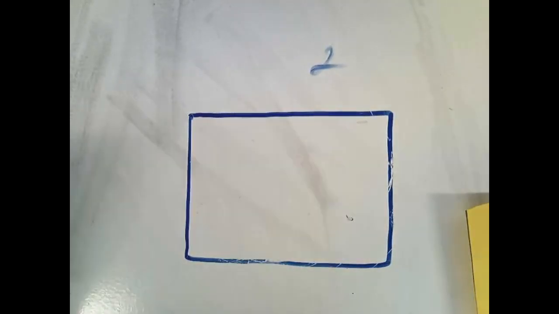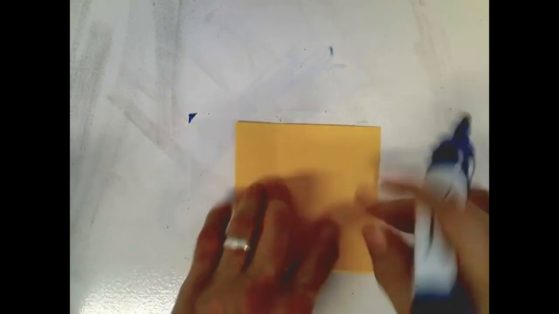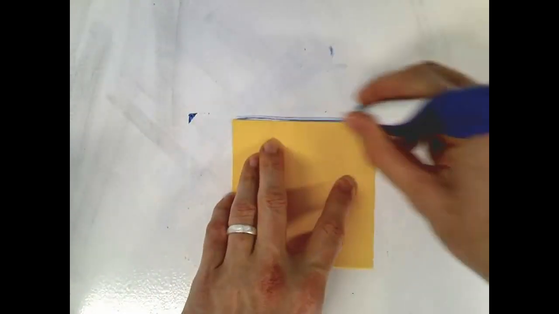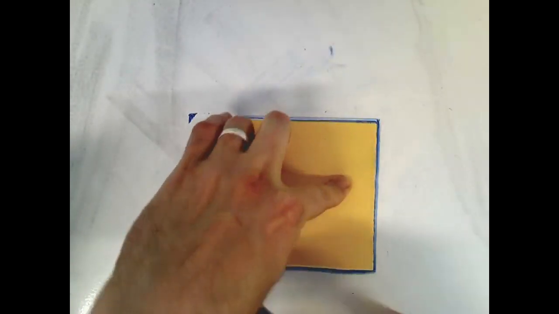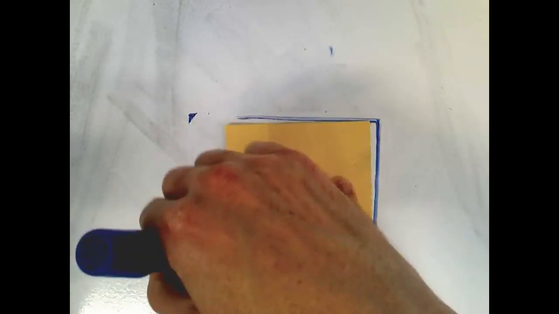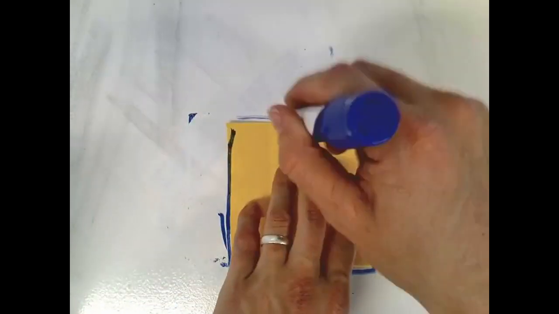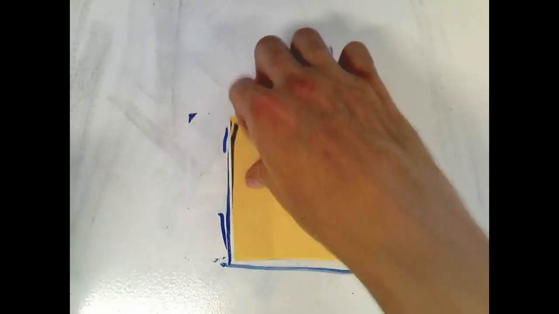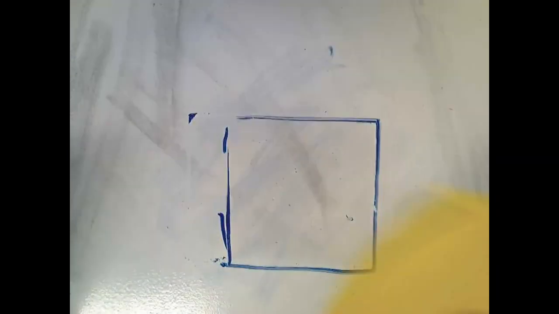Let's have a look now at a square. If I get rid of this and show you what a square would look like, to see what the rotational symmetry would look like. Again, I'll draw the outline, so I've got my starting space, and I'll draw a line here at the top. We want to see how many times this square will fit back into that pattern.